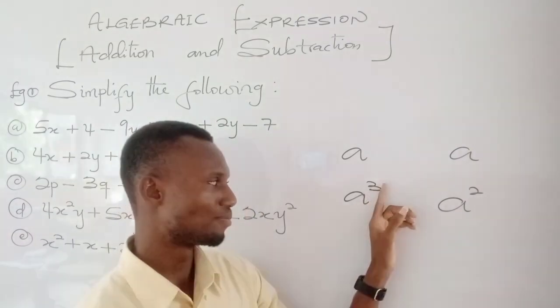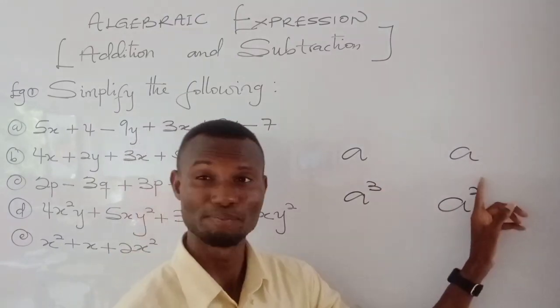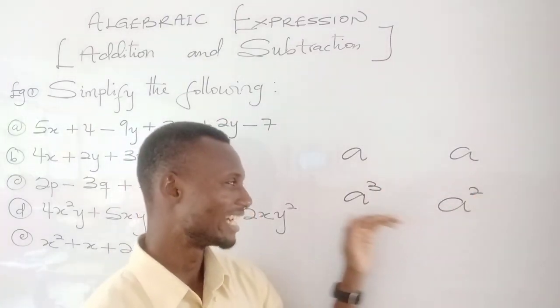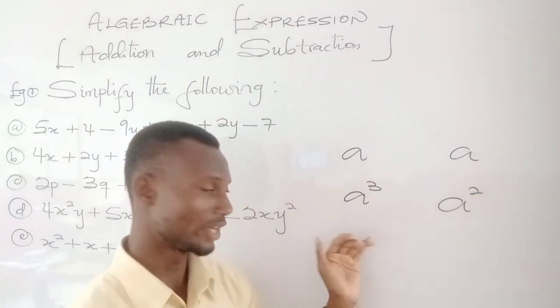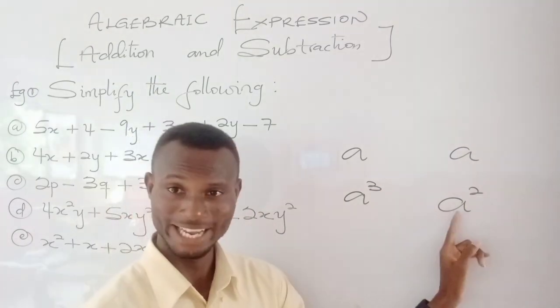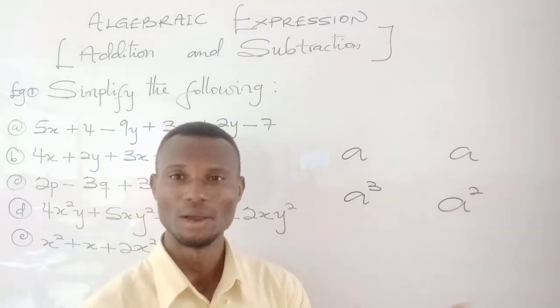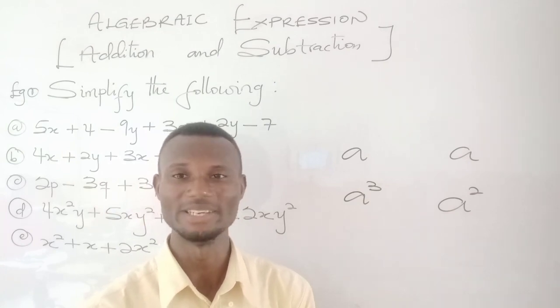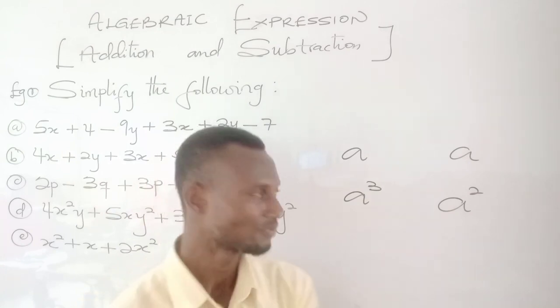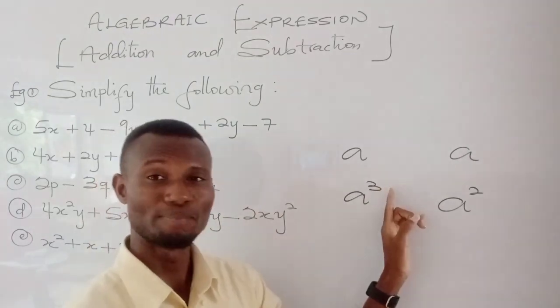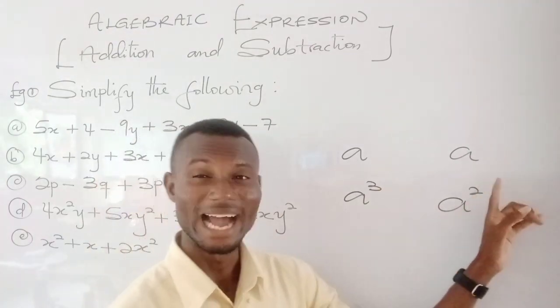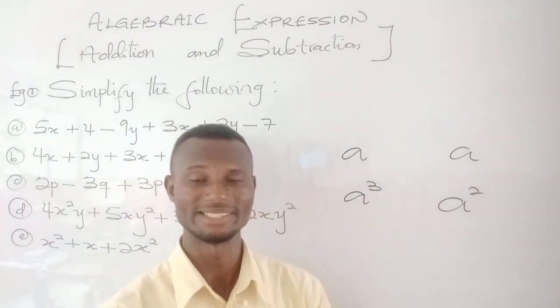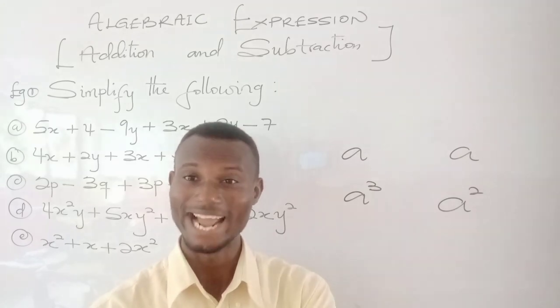Because this A has power 3 and this A has power 2. The variables have to be the same, which is true. We have A here, the variables are the same, but the powers are not the same, so they are not like terms.